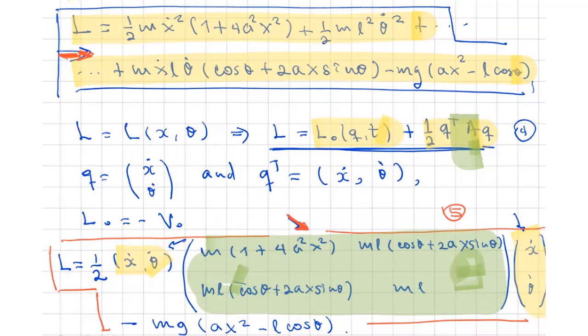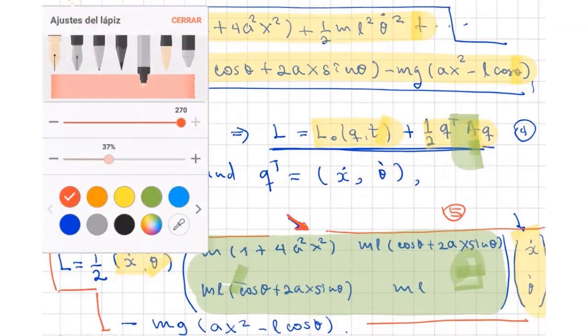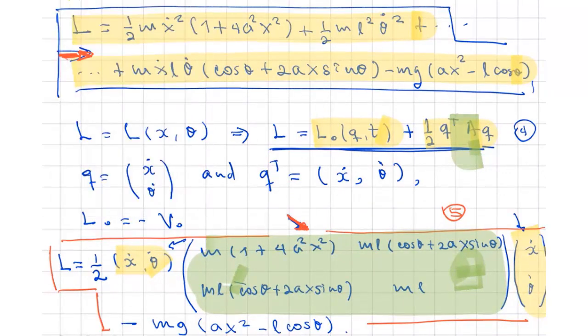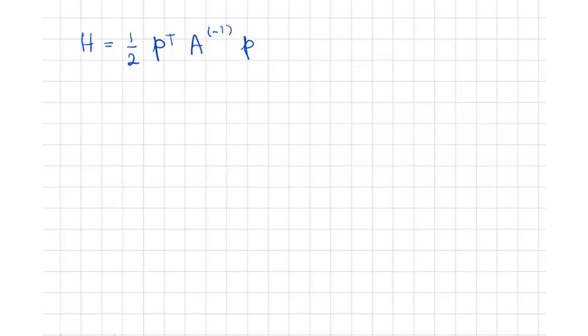This vector is qt, and this vector is q, okay guys? And this is the potential energy. We know that already. So with this written, we can write the Hamiltonian like this: 1/2 of pt A minus 1 p plus V0.